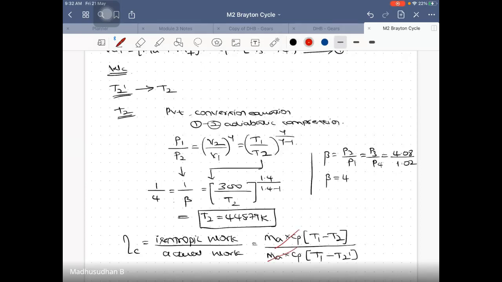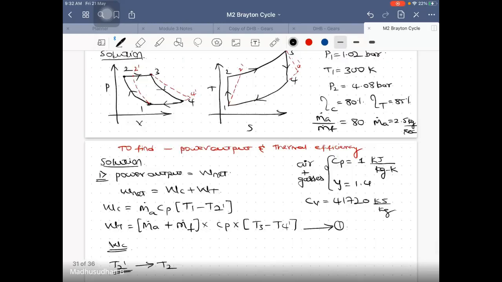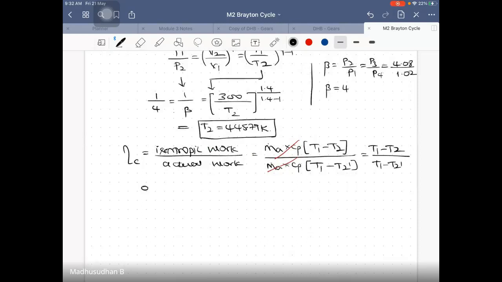The remaining is T1 minus T2 divided by T1 minus T2 dash. Now, the efficiency of the compressor is 80%, so take it as 0.8. 0.8 equals 300, which is T1, minus T2, 445.79, divided by T1, 300, minus T2 dash, the value you need to find out.